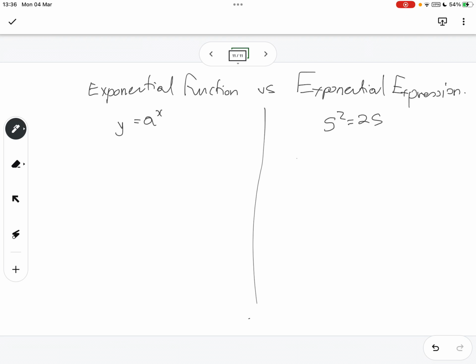Alright, so with a function you have y equals a to power x, and with an exponential expression you can have 5 squared equals 25.